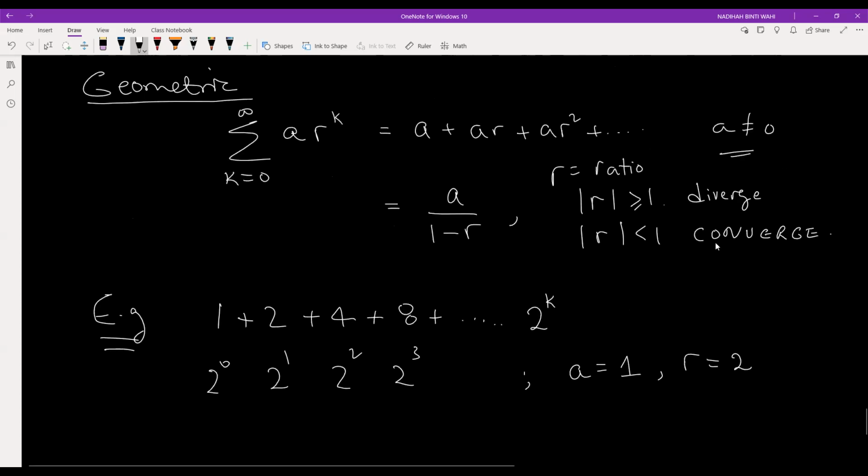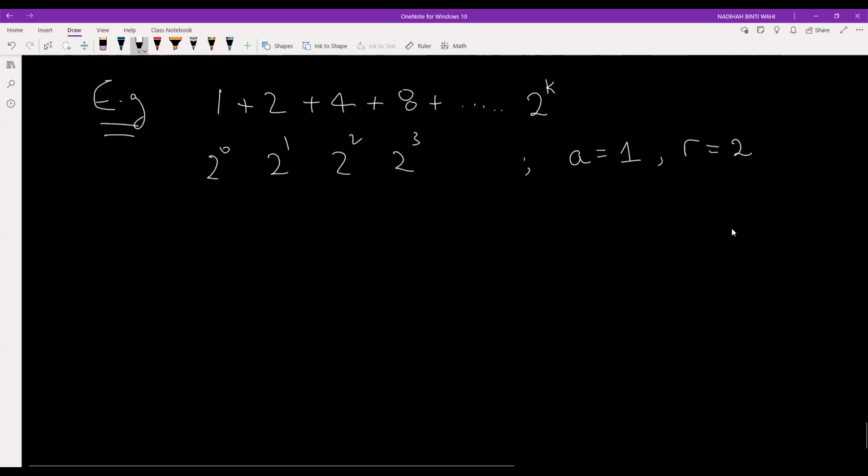Because you can see that if r is less than 1, the power will be a decreasing function.